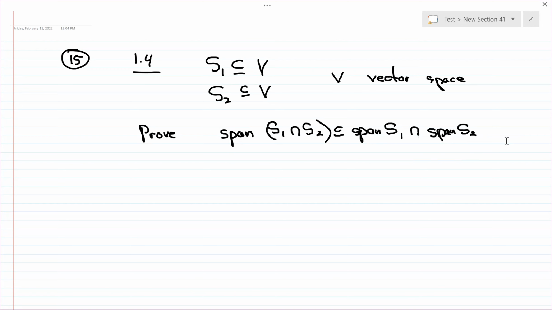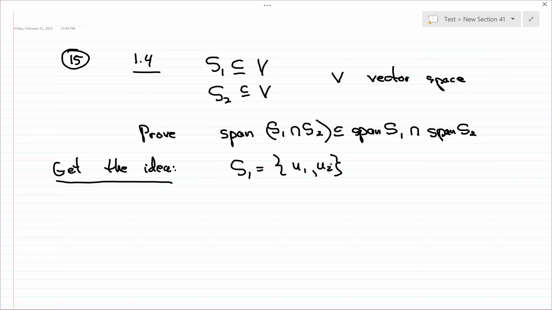So let's picture what S1 and S2 might look like. I'm not sure this will be the most rigorous proof, but I think it'll work. Let's get the idea of the proof. Suppose that S1 has two vectors in it, U1 and U2.